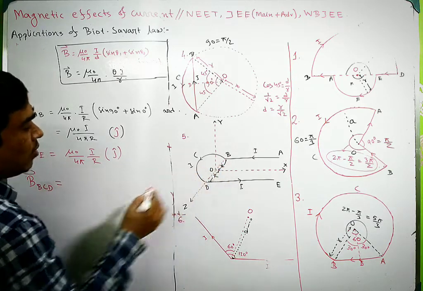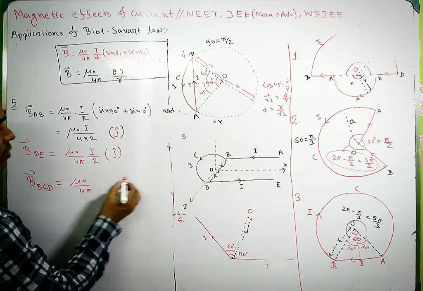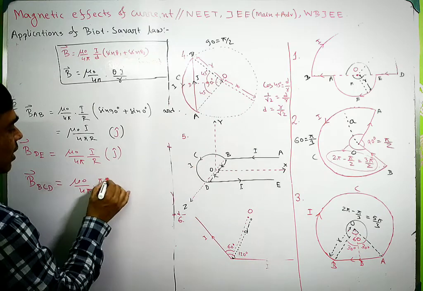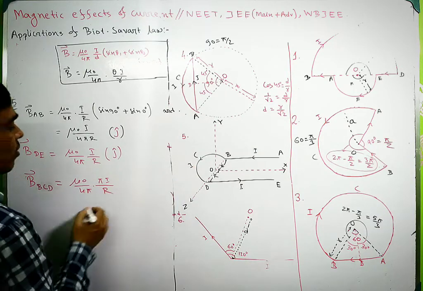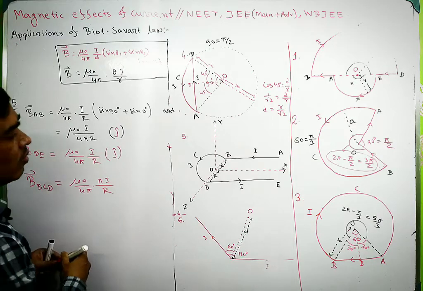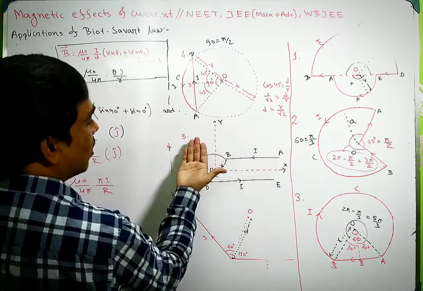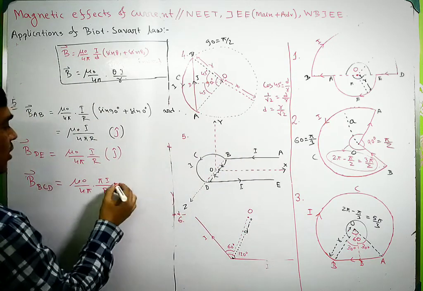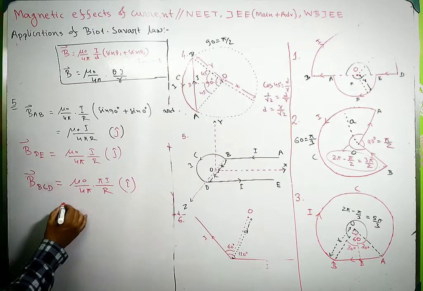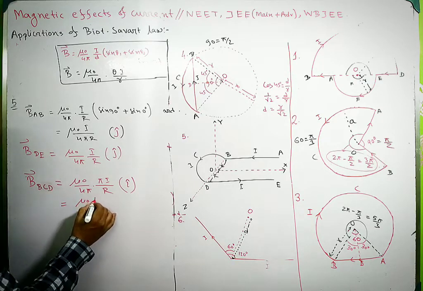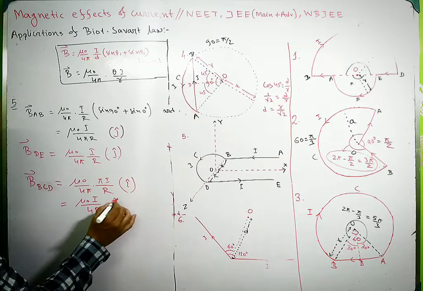This is a half circle, so it is mu 0 by 4 pi, pi times I divided by R. The direction is along x cap, that means i cap. So pi and pi cancel out, and it becomes mu 0 I by 4R i cap.